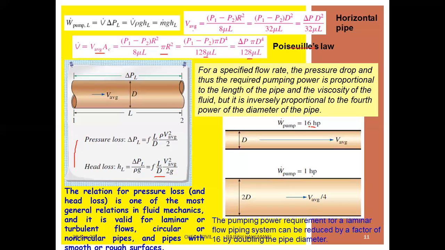Okay. The relation for the pressure loss or the head loss is one of the most general relations in fluid mechanics, and it is valid for laminar or turbulent flows, circular or non-circular flows, and a pipe with smooth or rough surfaces. The pumping power required for the laminar flow piping system can be reduced by a factor of 16 by doubling the pipe diameter. Got it?